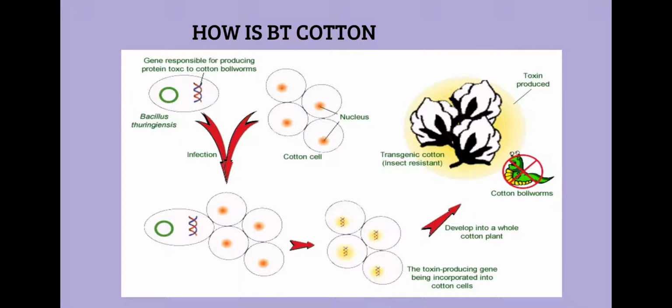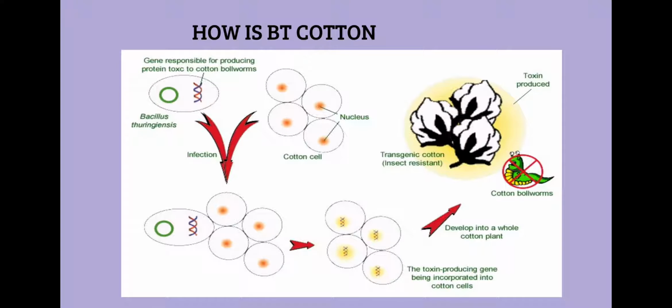Now, what is the basic idea behind any biotechnology venture? It is to simply apply genetic engineering techniques to get this endotoxin producing gene incorporated into the cotton cells. That is what is presented in this diagram that you can see.